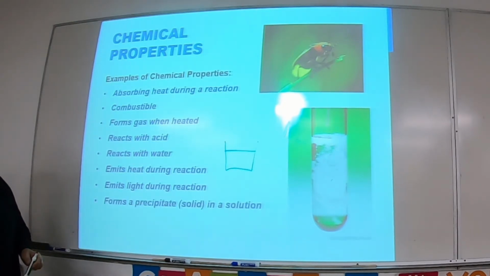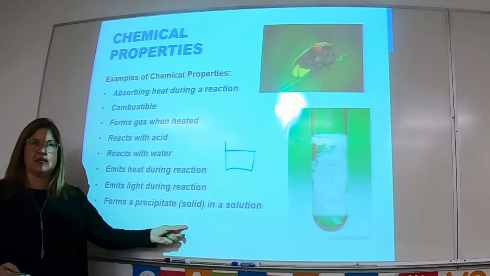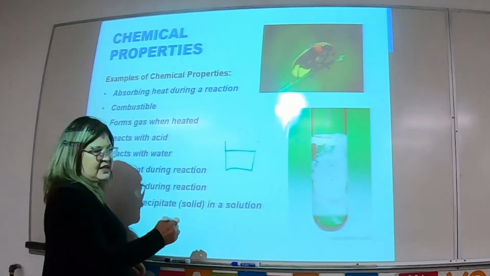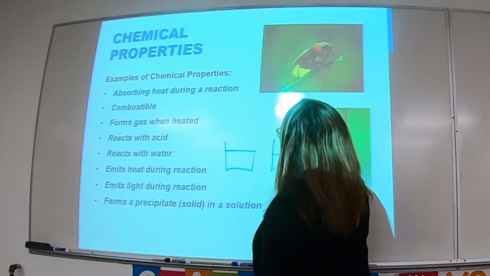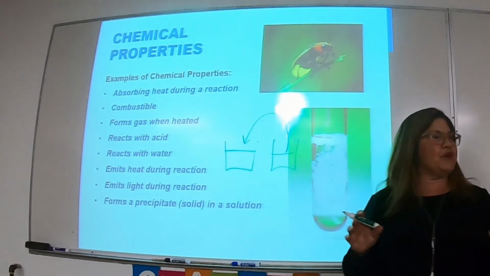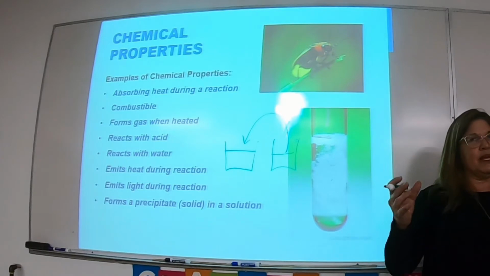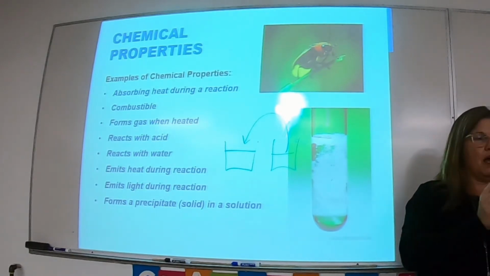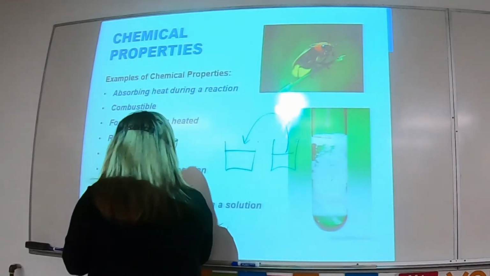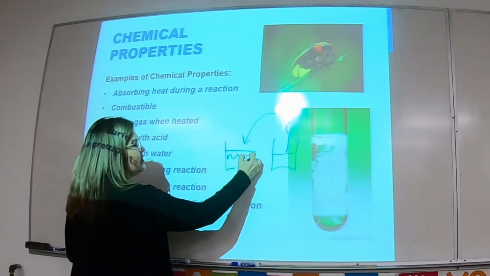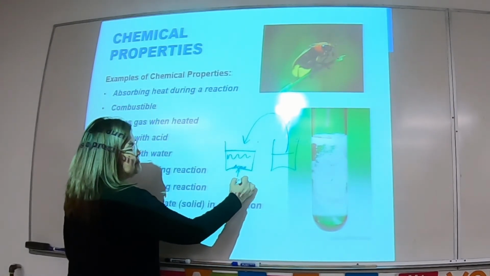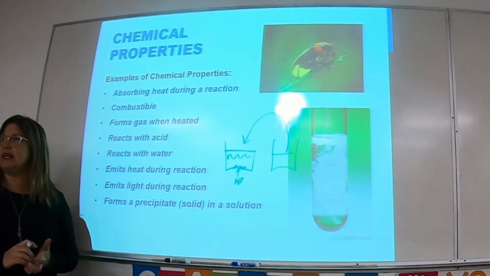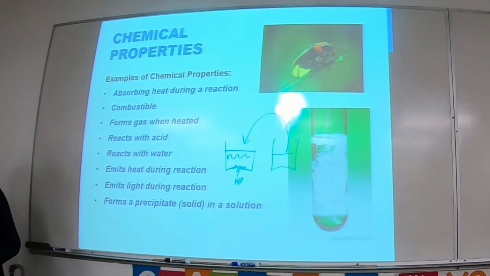Forms a precipitate in a solution. So what happens to get a precipitate is that you would just mix two liquids together. And if you mix two liquids together, sometimes I get a liquid on top, but on the bottom I get a precipitate, or a solid, that will form.